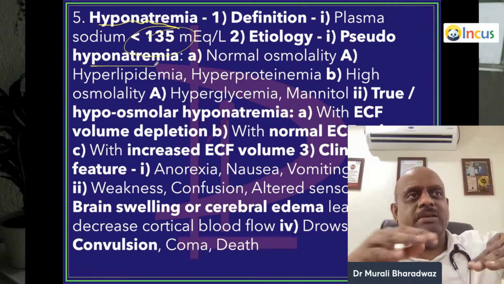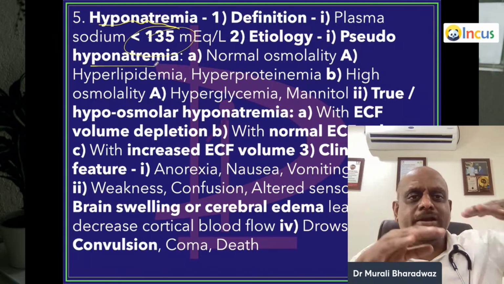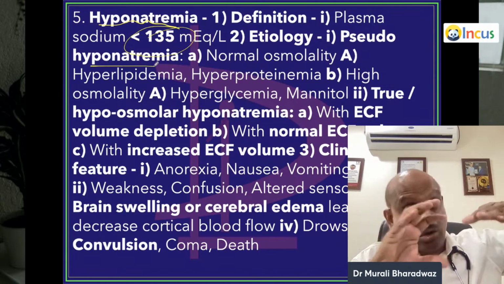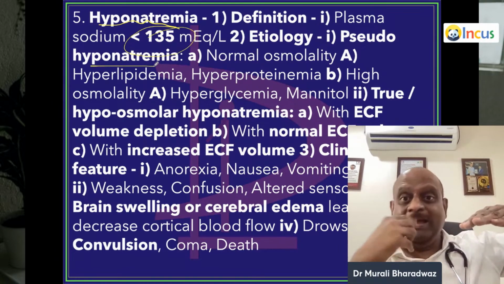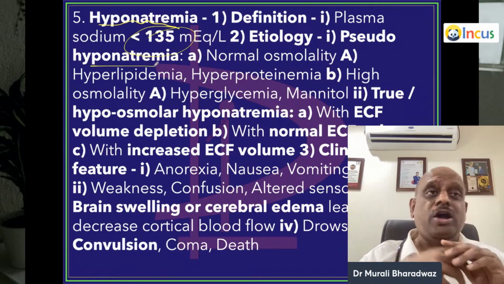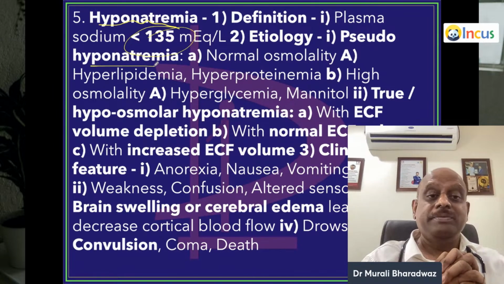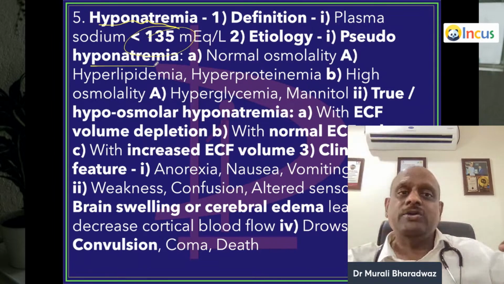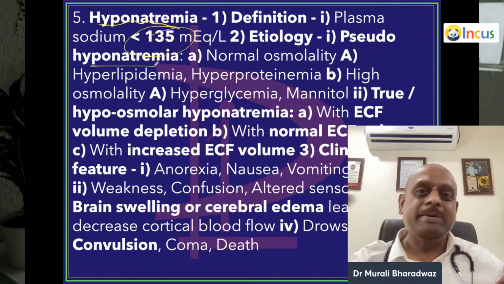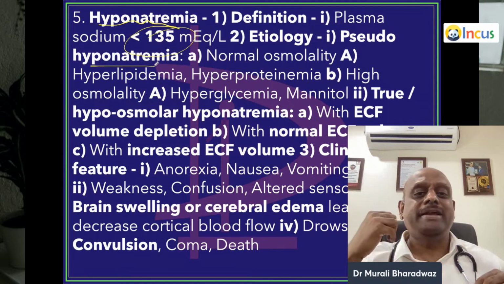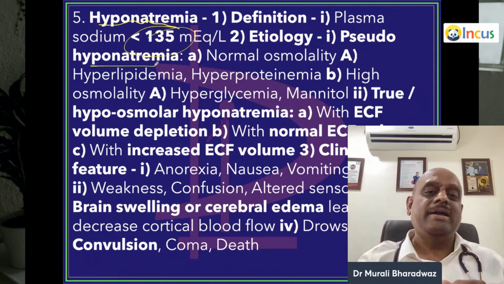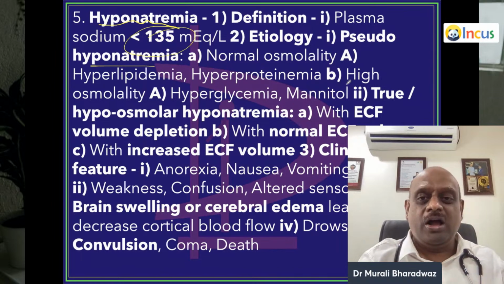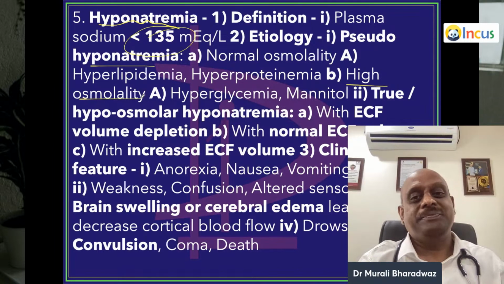So generally hyponatremia means low osmolarity, but pseudo-hyponatremia means normal osmolarity because of hyperlipidemia and hyperproteinemia. Then what is a cause of pseudo-hyponatremia with high osmolarity? Whenever there is hyperglycemia, let us say the patient has diabetic ketoacidosis or non-ketotic hyperglycemic hyperosmolar coma, in all these scenarios osmolarity is high.